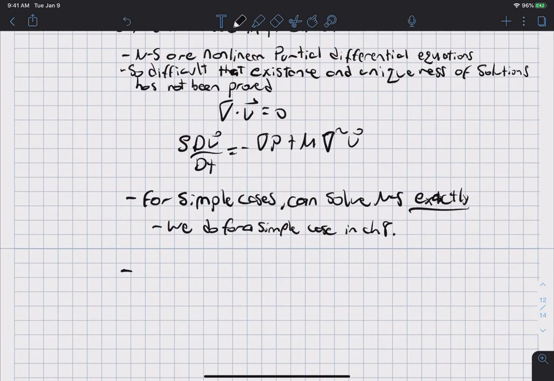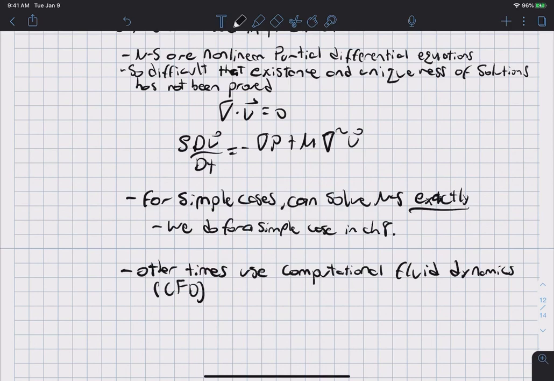And where they're useful is other times you use computational fluid dynamics, which is given the acronym CFD, which I'm sure at least some of you have heard of in this class.